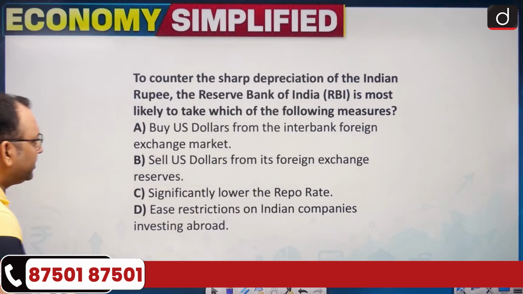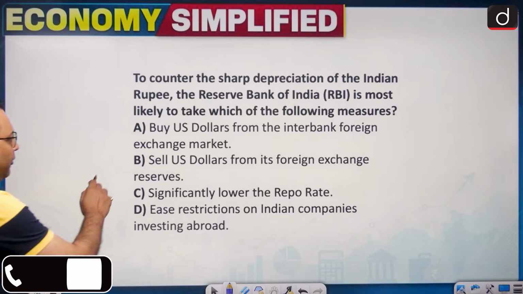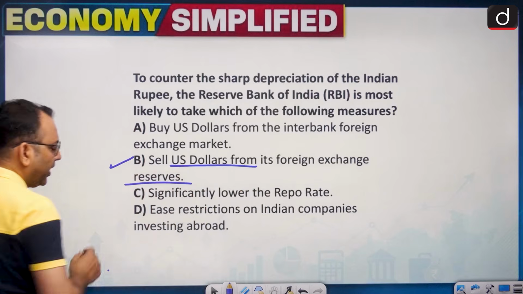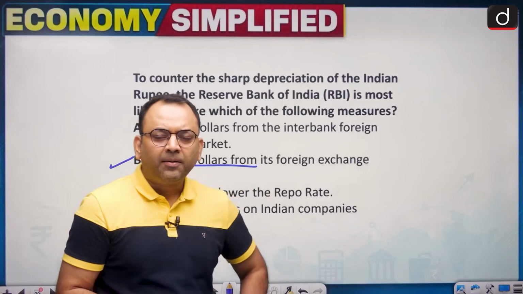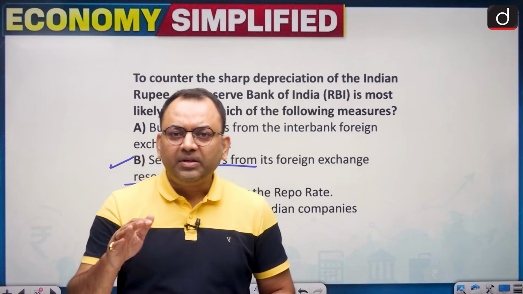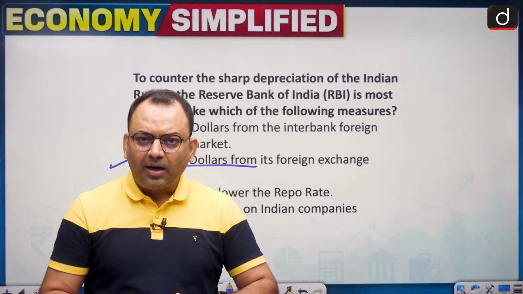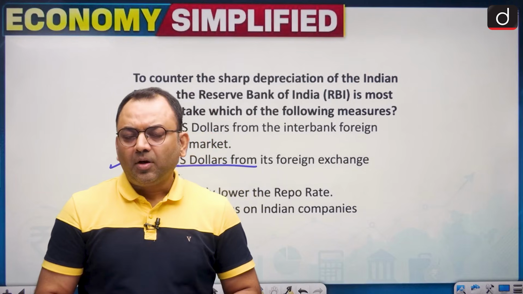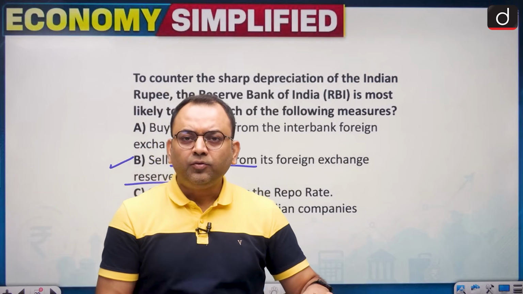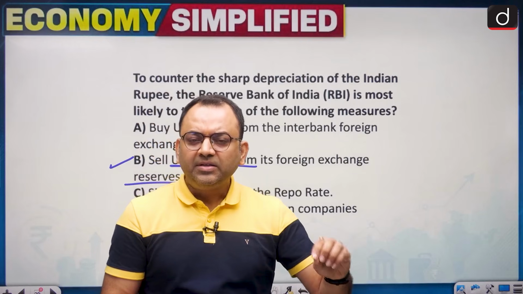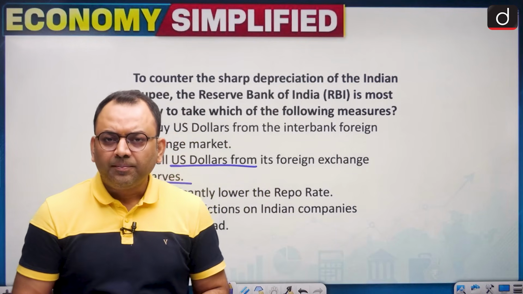So in this case, what should RBI do, right? It should sell dollars from its forex reserves to the market, so that the rupee depreciation is checked, because when RBI sells dollars in the market, the large supply of dollars will lead to an easier burden on the importers.